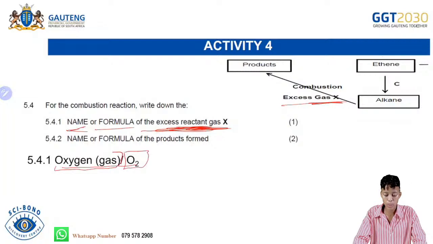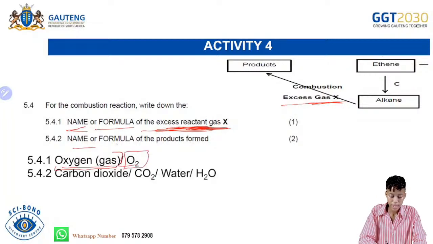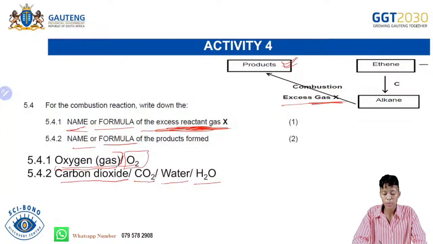Then 5.4.2, it says the name or the formula of the products that will be formed. As constants, we are going to have CO2, H2O, and energy as a product. Because they said the name or the formula, you can either write carbon dioxide or CO2, or water or H2O.